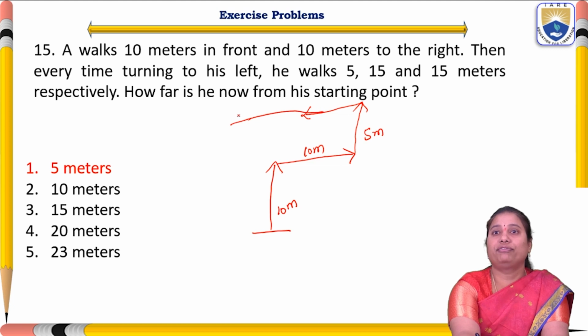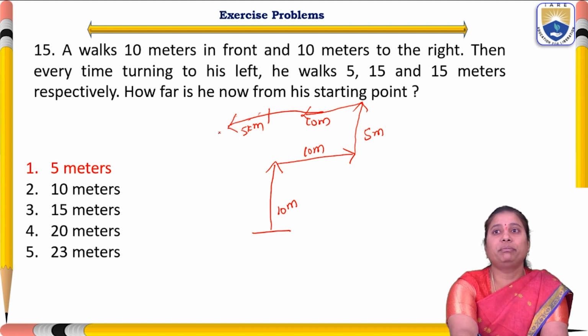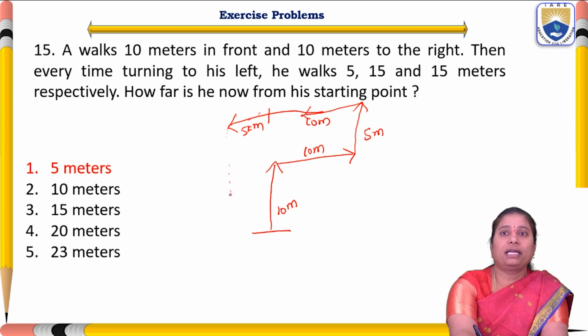The second turn is 15, which means parallelly it is 10 meters and 5 meters. And again to the left means he goes to the south direction and 15 meters respectively. So from this one, parallelly it is 5 and parallelly it is 10.